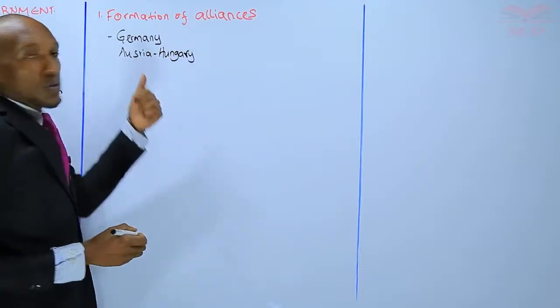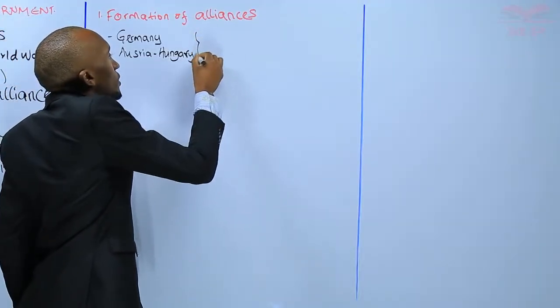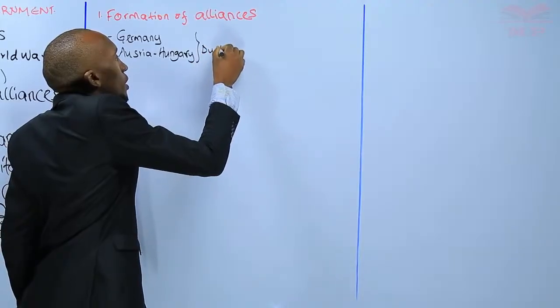Initially, these two nations came together to form what we refer to as the dual alliance.